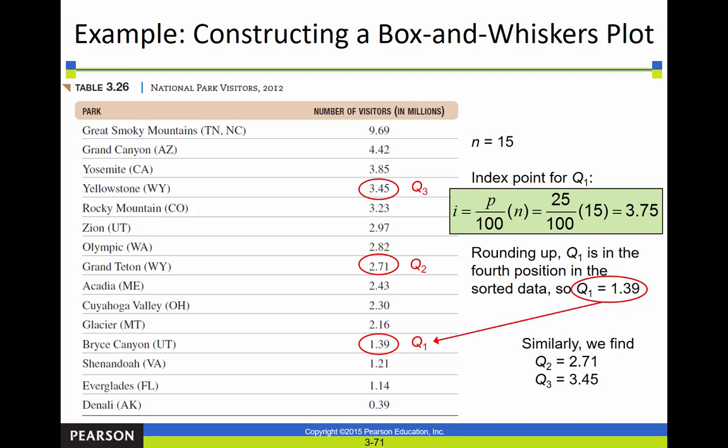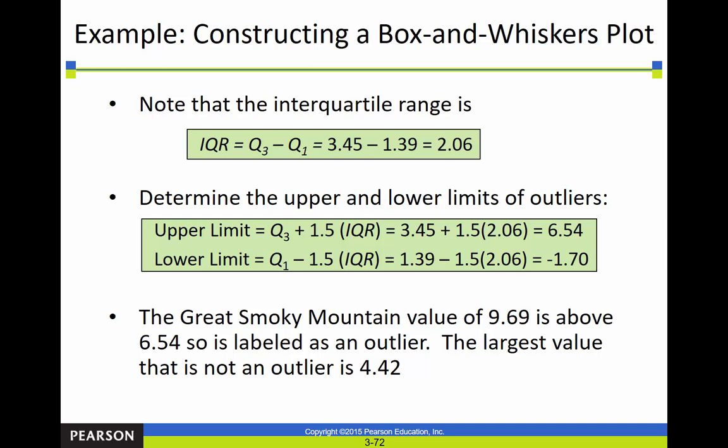So here's an example of constructing one. First, they calculate the index points and figure out that the first quartile is at 1.39, the second at 2.71, the third at 3.45. We determine the upper and lower limits for outliers by taking the third quartile plus 1.5 and the first quartile minus 1.5 times the interquartile range.